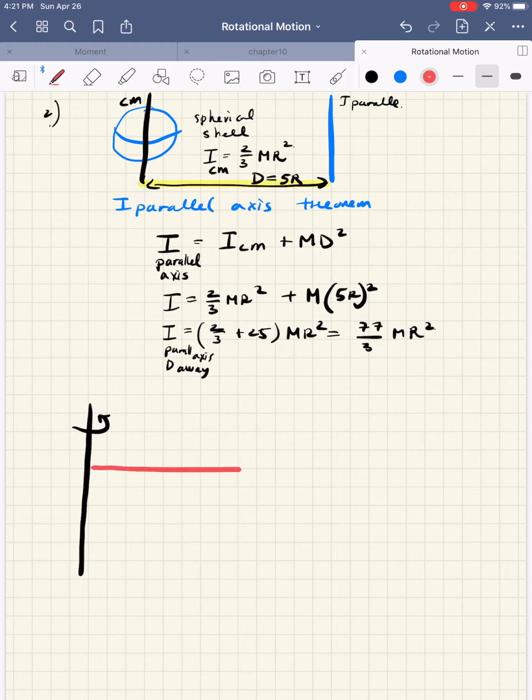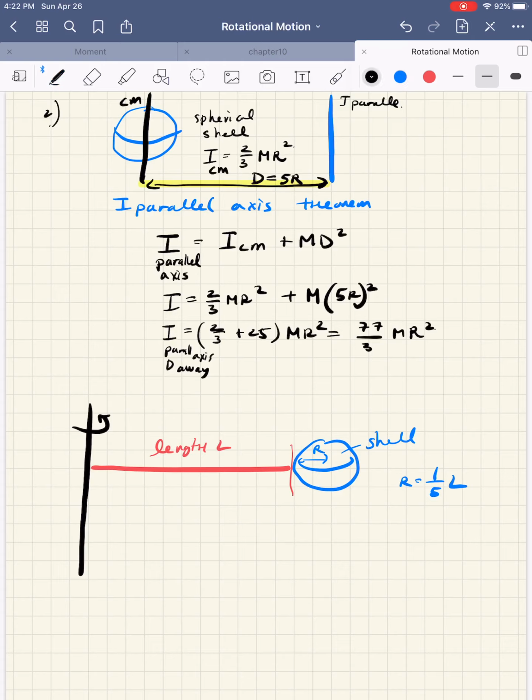I have a rod, a uniform rod of length L. And instead of a point mass at the end, I put a spherical shell. Its radius is equal to, let's go with 1/5 L. The question is, what is the moment of inertia of this composite object?